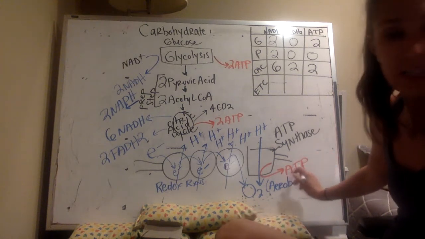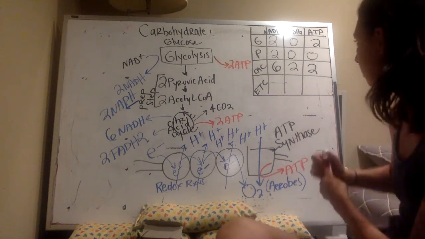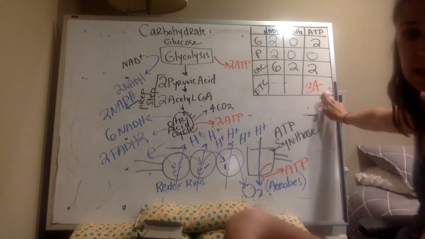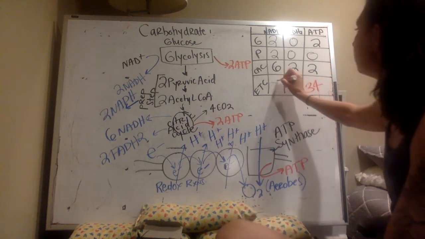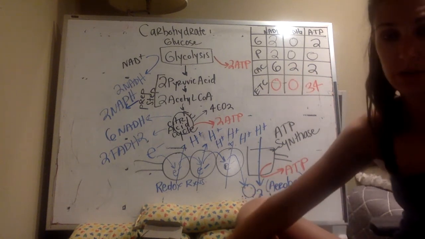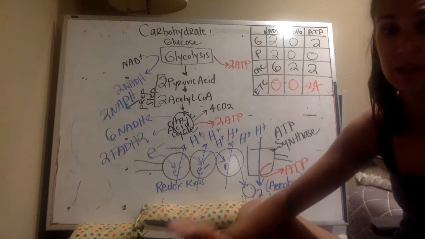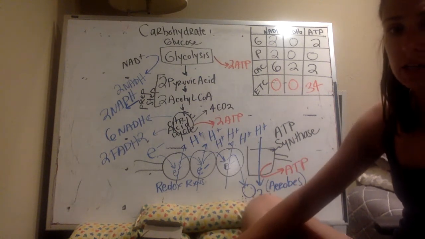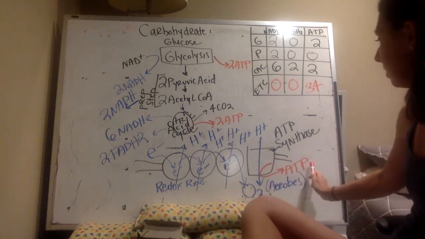And how much ATP? 34 ATP if the conditions are right. So that is going to produce the most ATP out of any of these other steps. All right, so we're going to talk a little bit more about these.